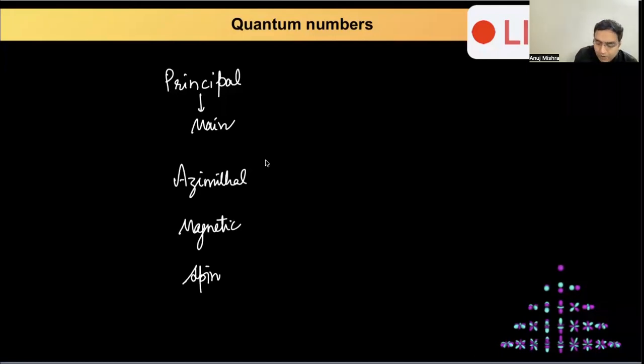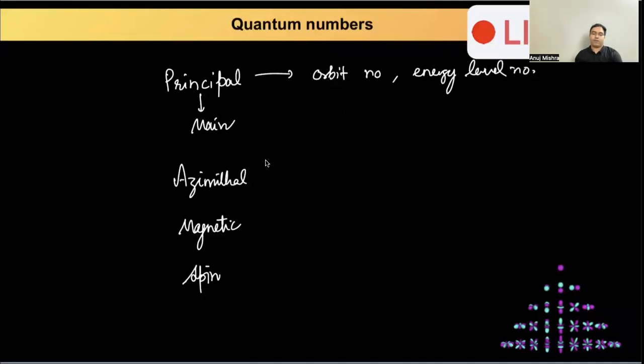What is the principal quantum number? That is the orbit number, you can say. That you can say energy level number. That's the main. For example, if I say you are in n equals 2, somewhere, 2s, 2p, anywhere, then this 2 is what? It is the principal quantum number.